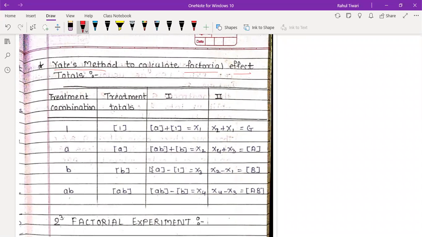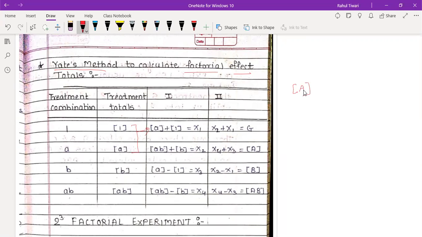So for the treatment combination one, its total will be bracketed (1). Similarly for a we have bracketed A, bracketed B, bracketed AB. Now, what is the first step? The first step is you add the first two and write it down here. I will tell you how to use this method to get the factorial effect A.